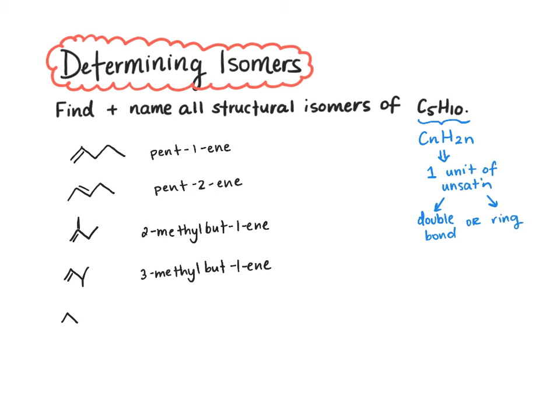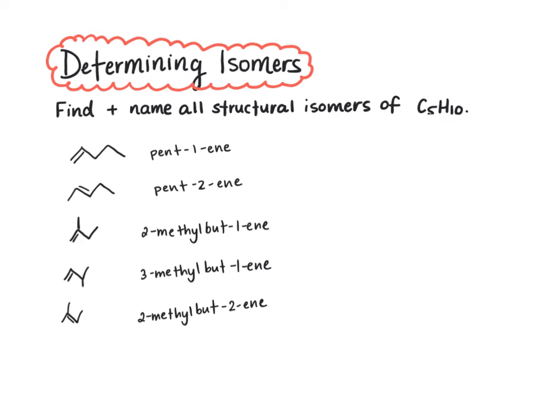And then I can move my double bond into the middle, and I will get 2-methylbut-2-ene. Okay, so I've drawn all of those. It's not actually possible to draw a 3-carbon chain because of that double bond. You can try, and you will see that you will be unsuccessful.